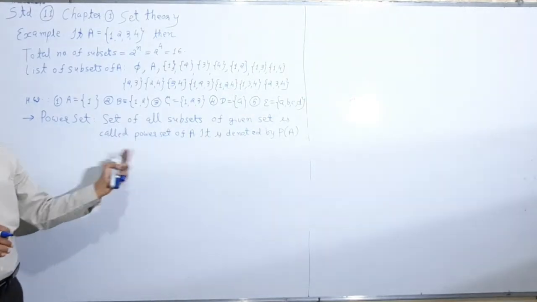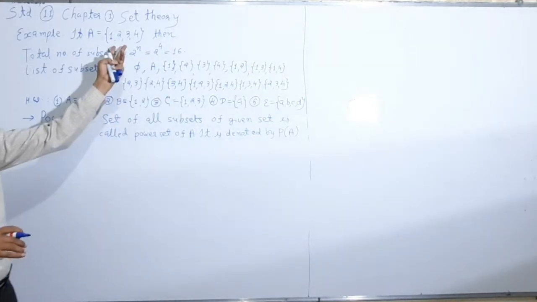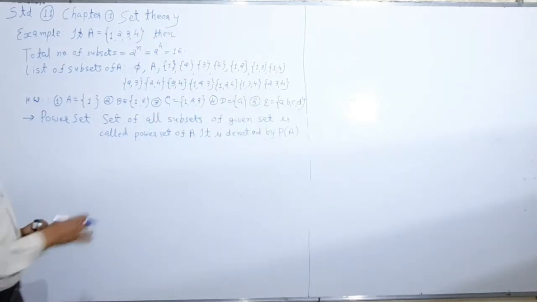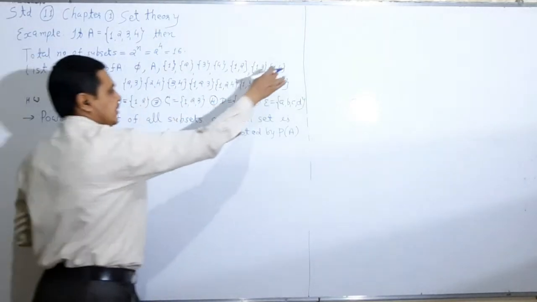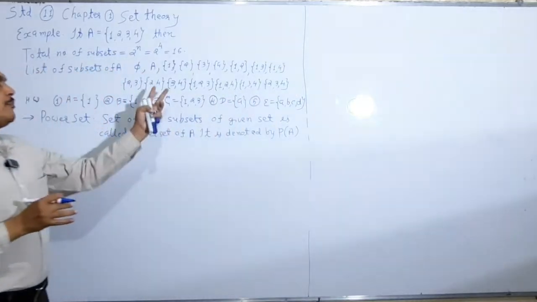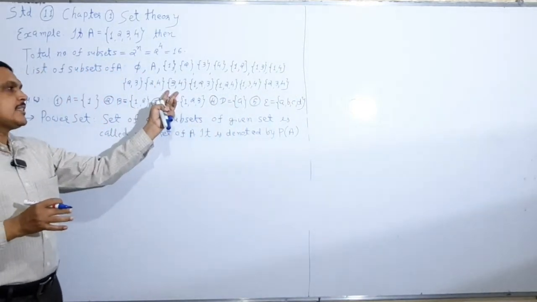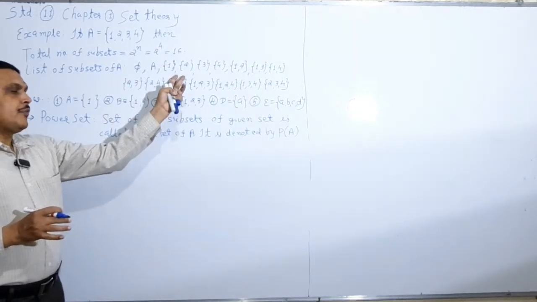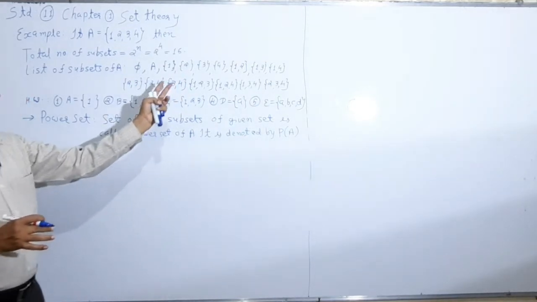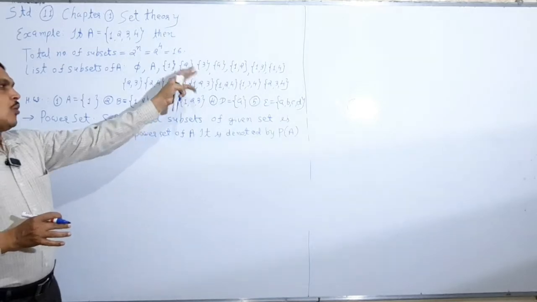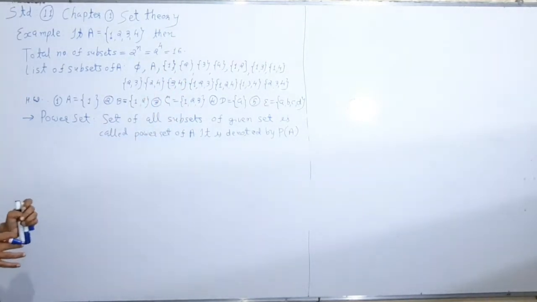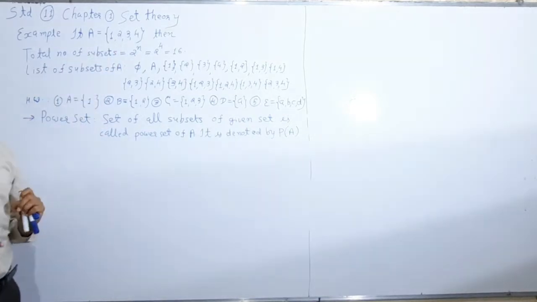If you want to write down the power set of this given set A = {1, 2, 3, 4}, then you have to put a curly bracket around all 16 subsets of the given set. If we write all these subsets in a curly bracket, then it becomes the power set of given set A.